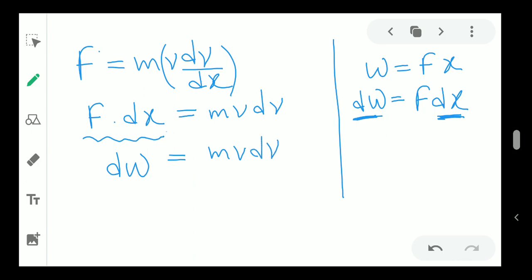So my total work done will be, I just have to integrate this, so that will give me the total work done. Integration is something like addition, like arranging all the pieces of a puzzle together to make the whole picture.